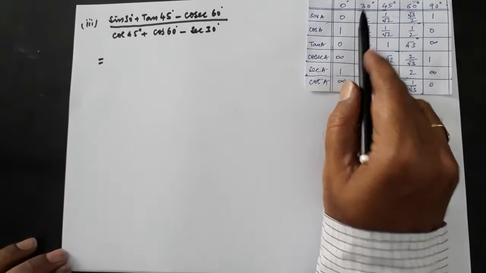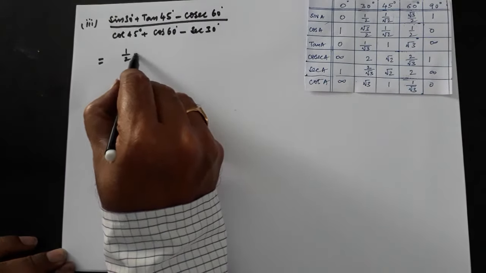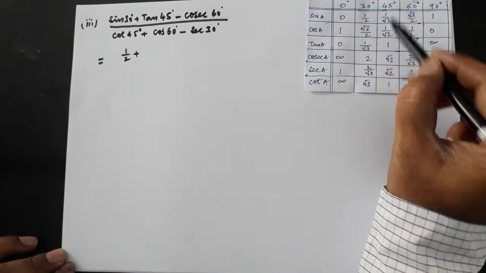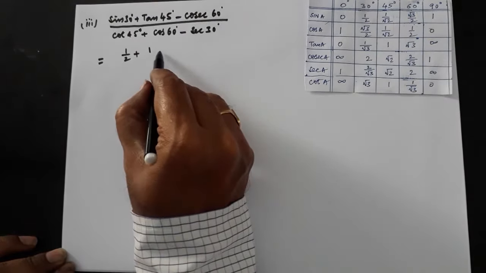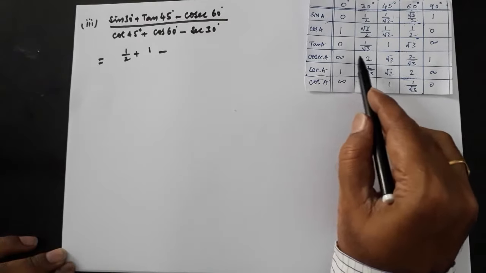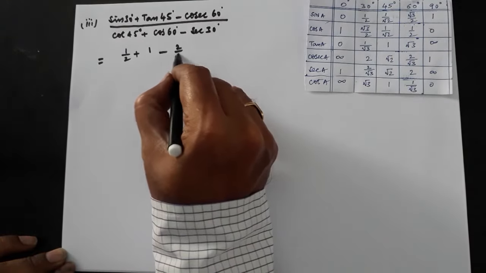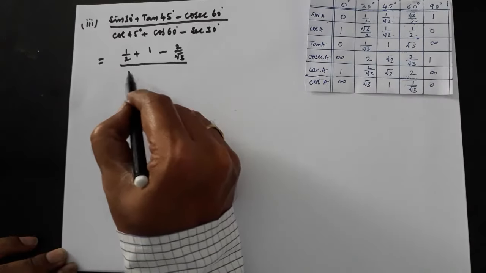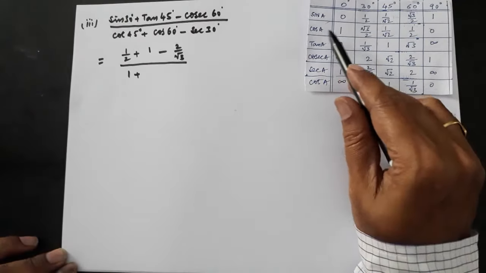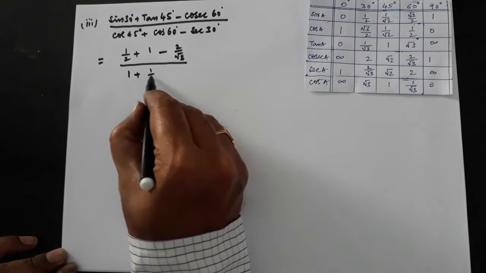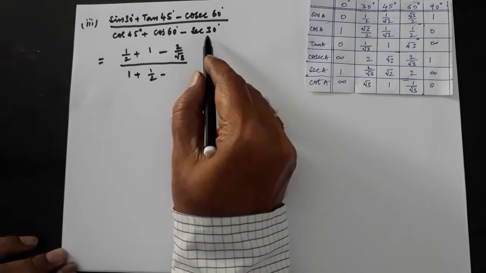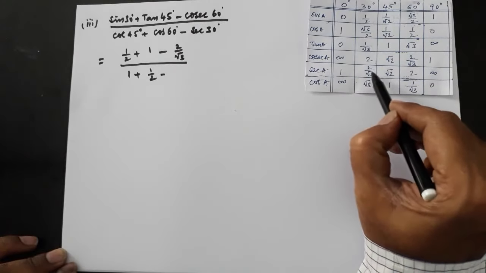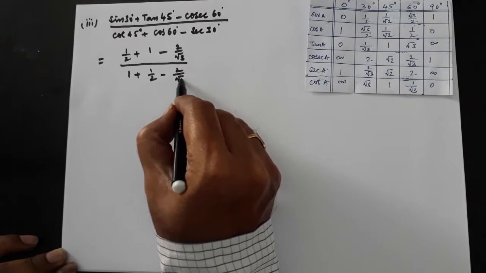So sine 30, what is sine 30? 1 by 2. 1 by 2 plus tan 45. Tan 45 is 1, minus cosecant 60. Cosecant 60 is 2 by root 3. If we know the values, it's easy. Cot 45 is 1, plus cos 60, which is 1 by 2, minus sec 30. Sec 30 is 2 by root 3. Okay.